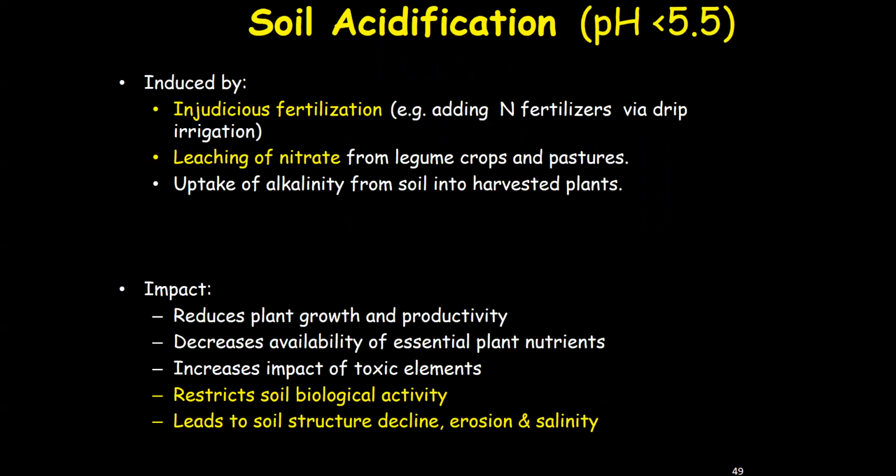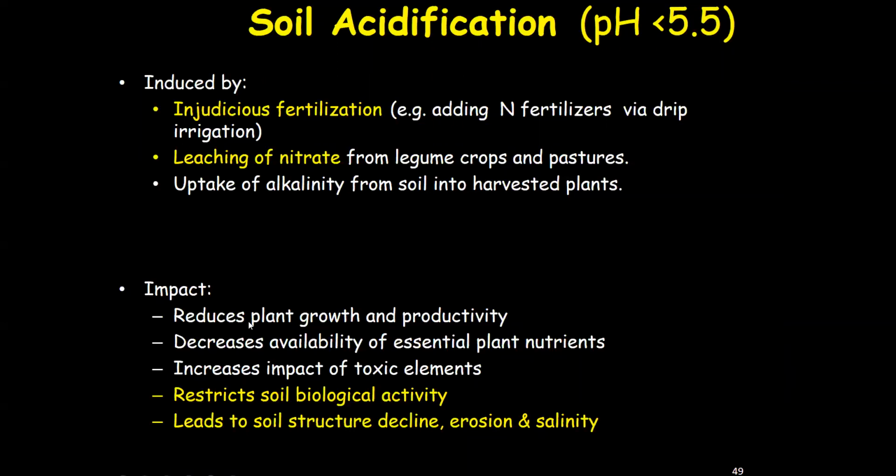One of the important things related to water is obviously pH, which I mentioned earlier, decreases. This is usually induced by injudicious fertilization practices, the leaching of nitrates, and the uptake of alkalinity from soil into harvested plants.